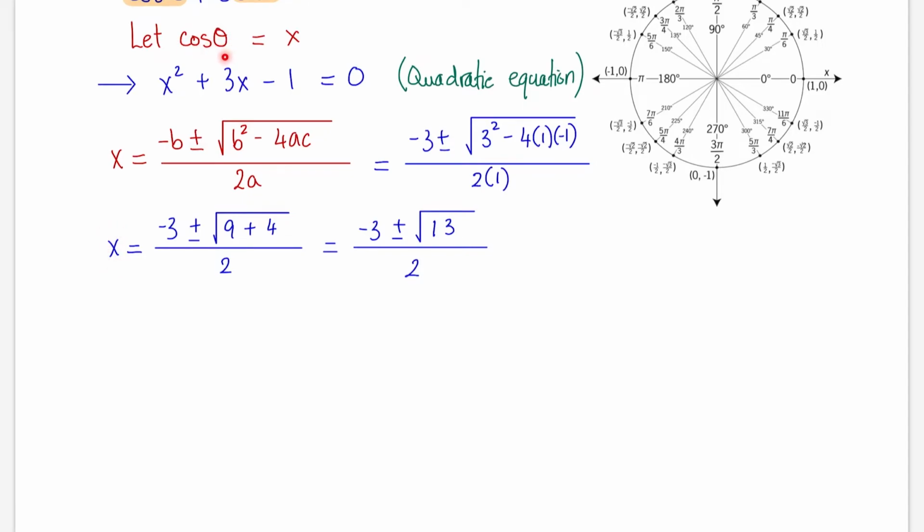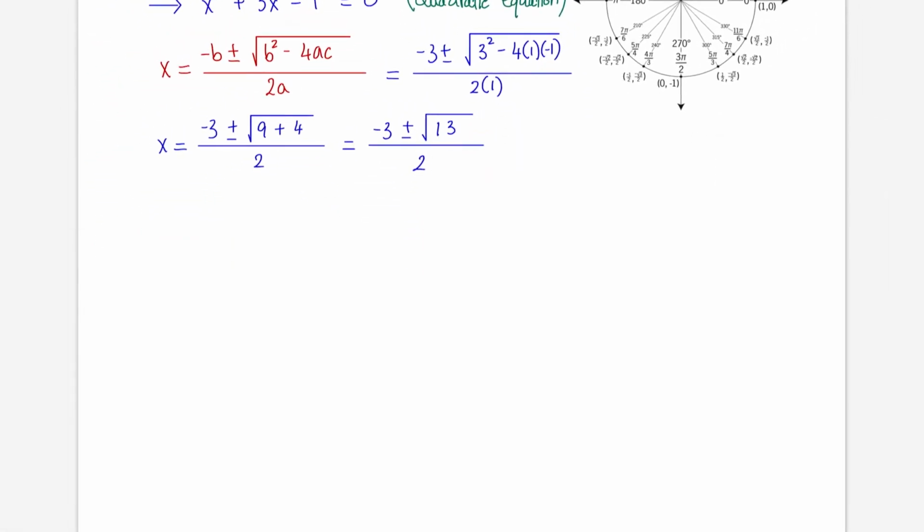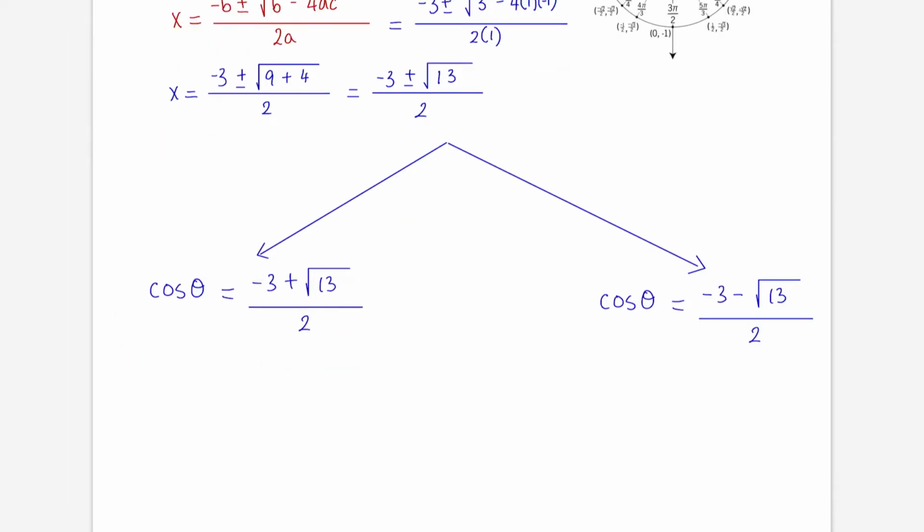And what is x? x is cosine of theta. So cosine of theta equals negative 3 plus square root of 13 over 2 or negative 3 minus square root of 13 over 2.